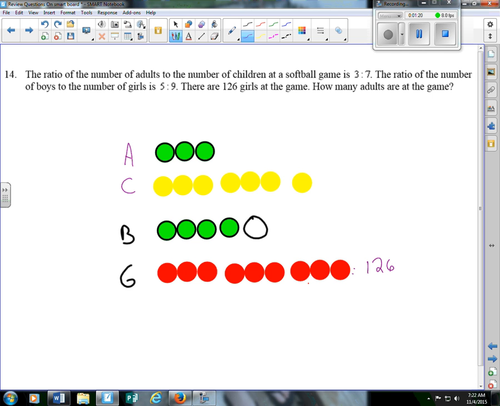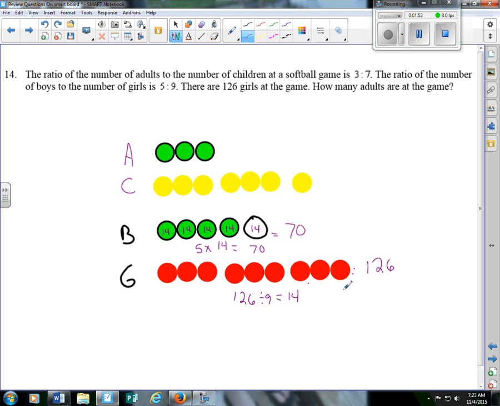So 126 divided by 9, because there are 9 parts, equals 14. That means that each one of these parts equals 14. We look at it and we say 1, 2, 3, 4, 5. So 5 times 14 is going to be 70. That's the first part of the problem.